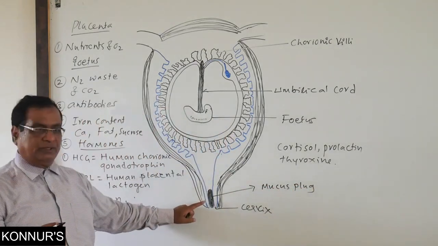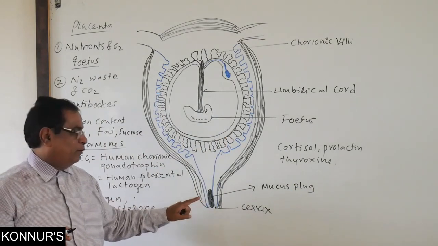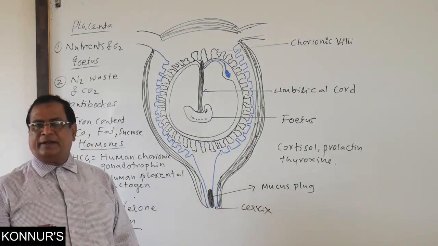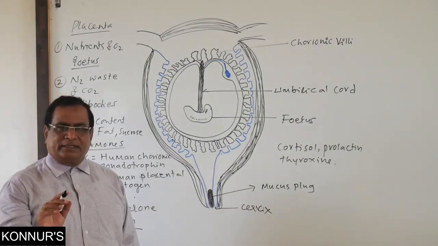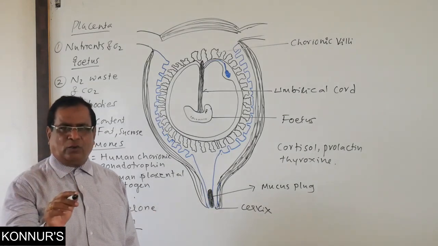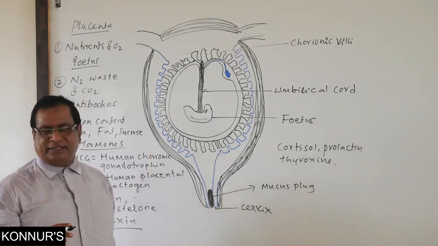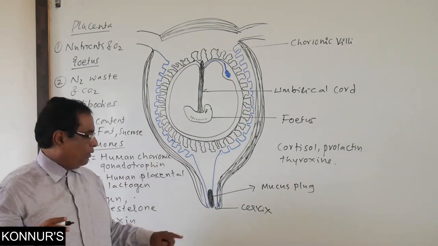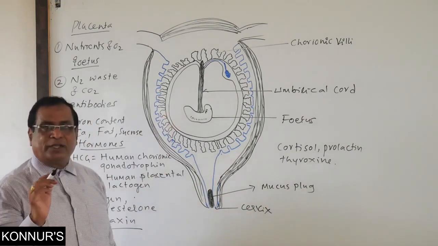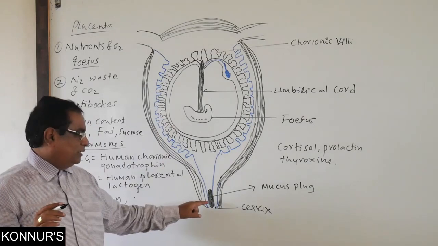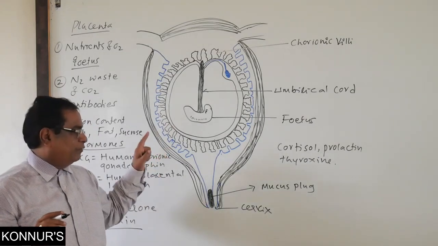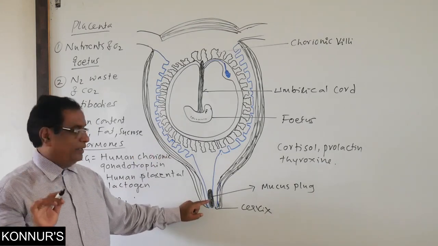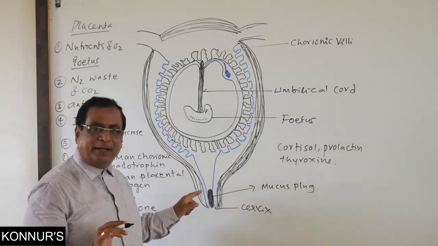Once this mucus plug is there, in case of sexual intercourse during pregnancy, the semen ejaculated never enters the uterus, because the cervix, the opening of the uterus, is closed by the mucus plug.